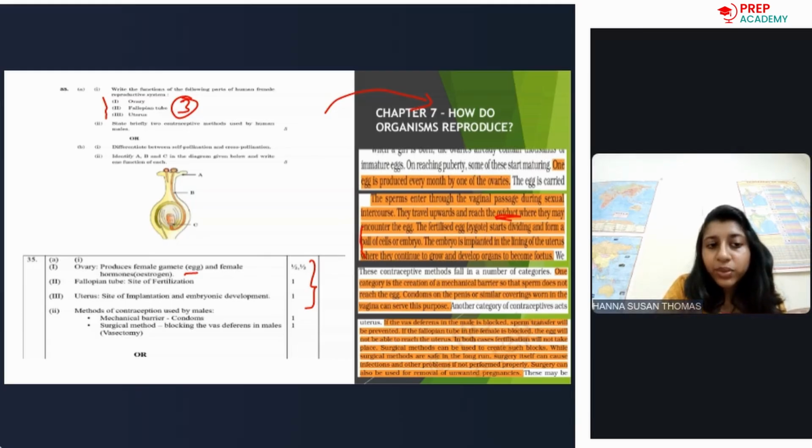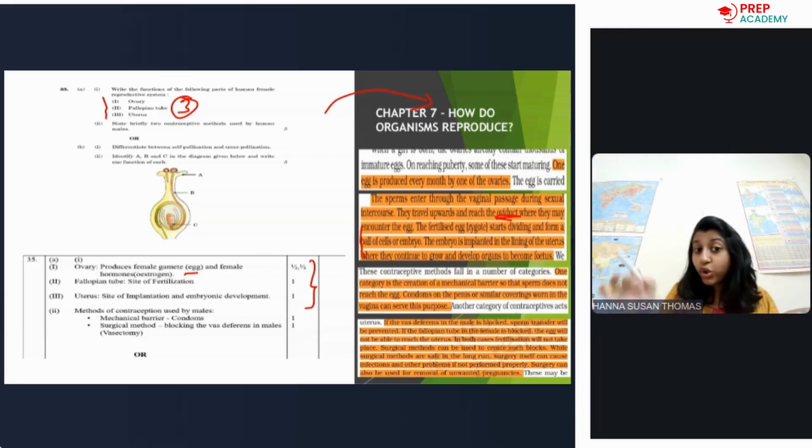The second set under the A part question is: state briefly 2 contraceptive methods used by human males. So human males it is asked. The first one is the mechanical barrier. By using a mechanical barrier, you can prevent unwanted pregnancies.